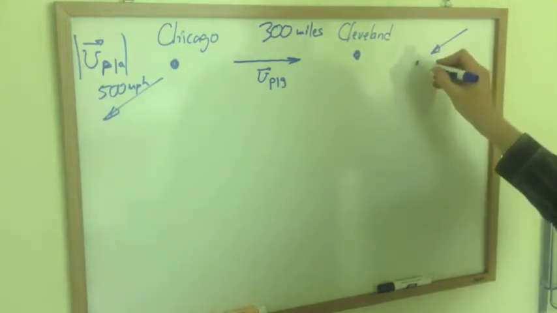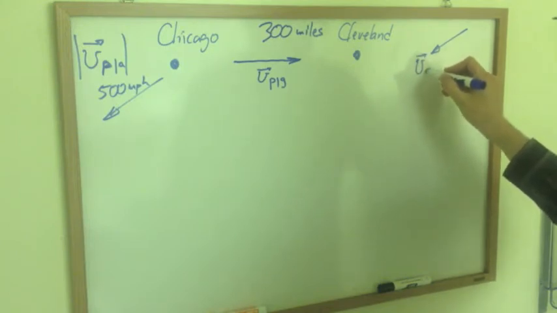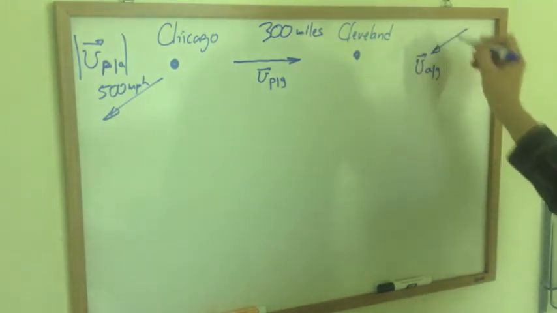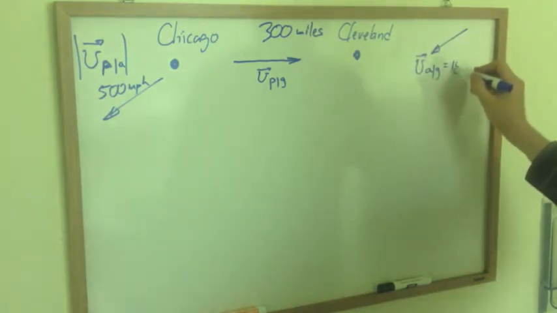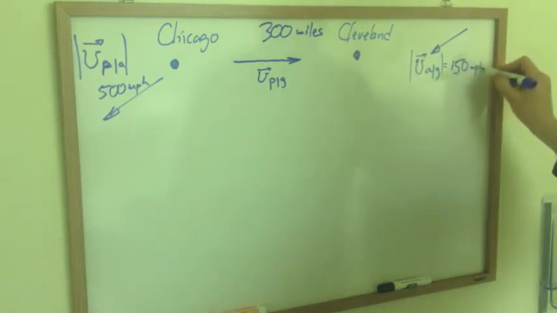Here's the vector, this is the air over the ground. The magnitude is 150 miles per hour.